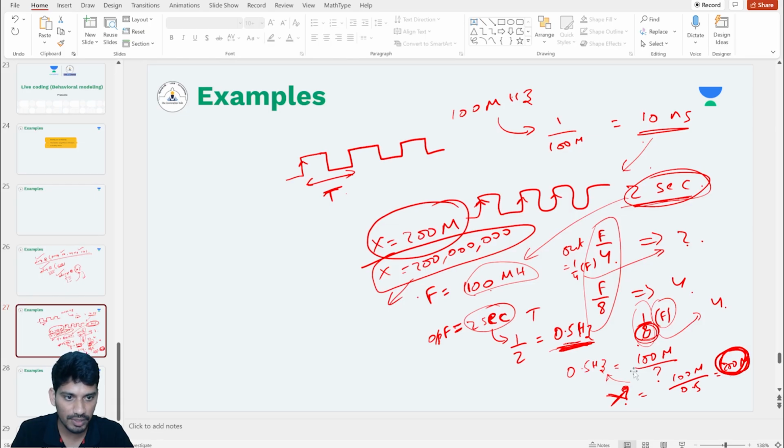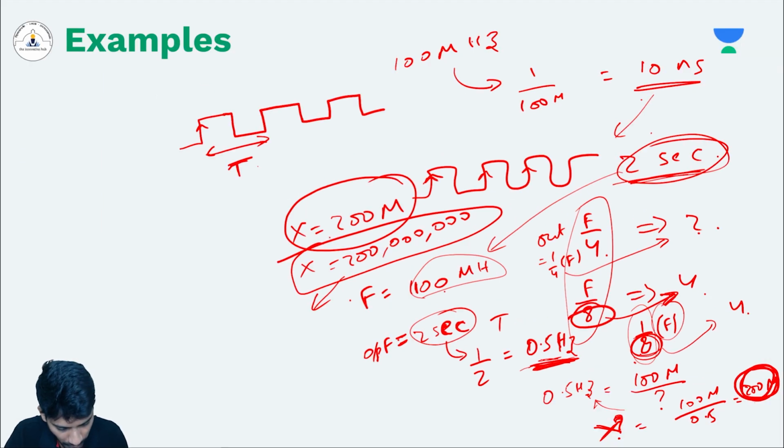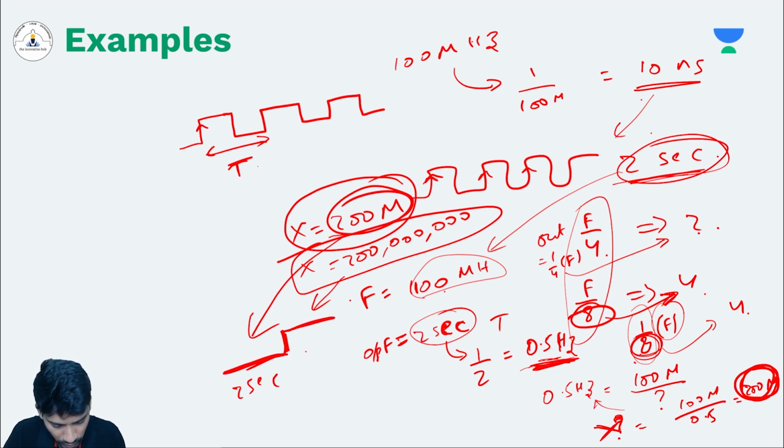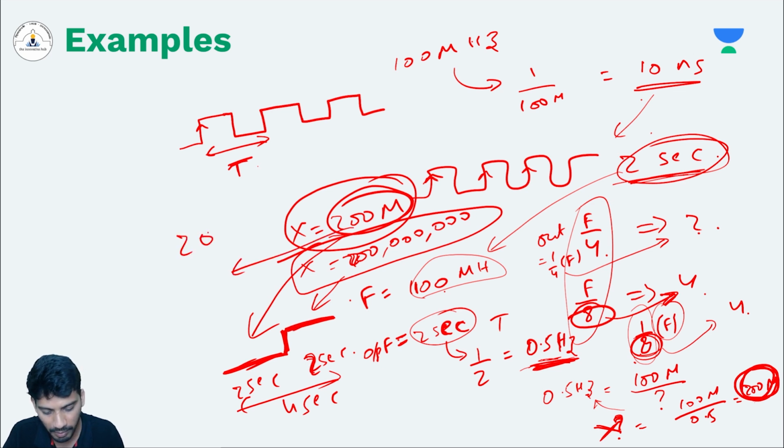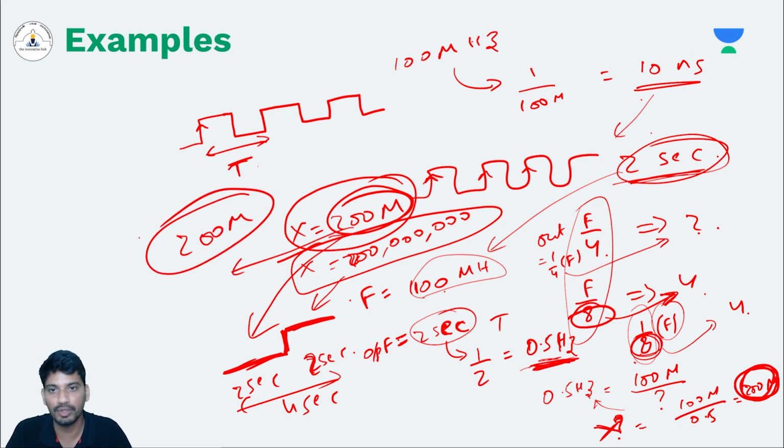In the theory we have seen, to get 2 seconds of off period, this 200 mega will count the off period of 2 seconds as well as the on period of 2 seconds. So to get a complete 4-second delay, with 2 seconds off and 2 seconds on, we need to use 200 mega as my count limit.